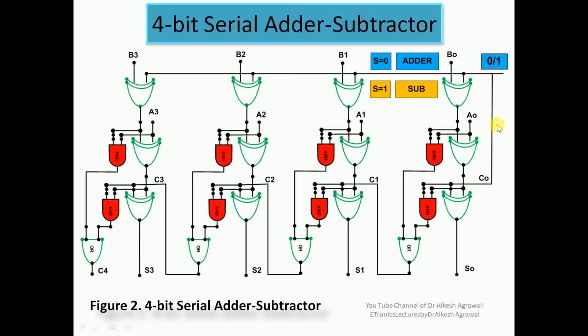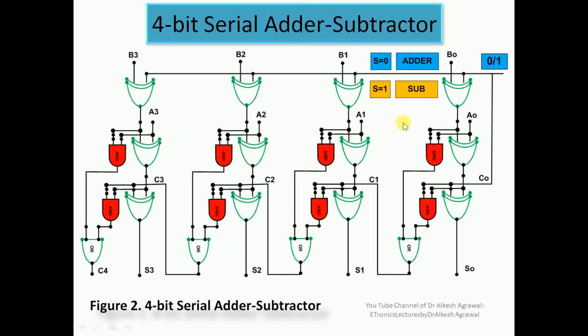These are the changes that we have made, and with these changes this whole circuit is converted into a 4-bit serial adder subtractor. We have to keep one thing in mind, that this is the switch. When this switch is 0, this whole circuit will act as an adder, but when the switch is 1, this whole circuit will act as a subtractor.